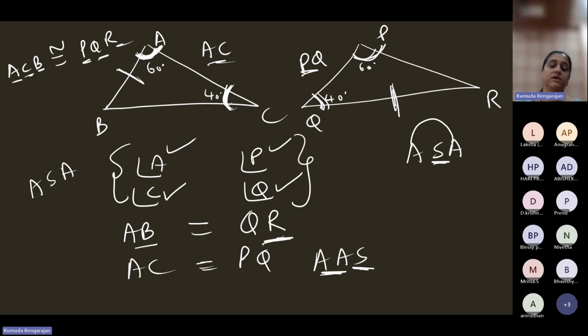So this is AAS, two angles and some other side, not the included side. Again, same thing. Once you prove that the triangles are congruent, their corresponding sides, you can use CPCT and find the other equal parts.